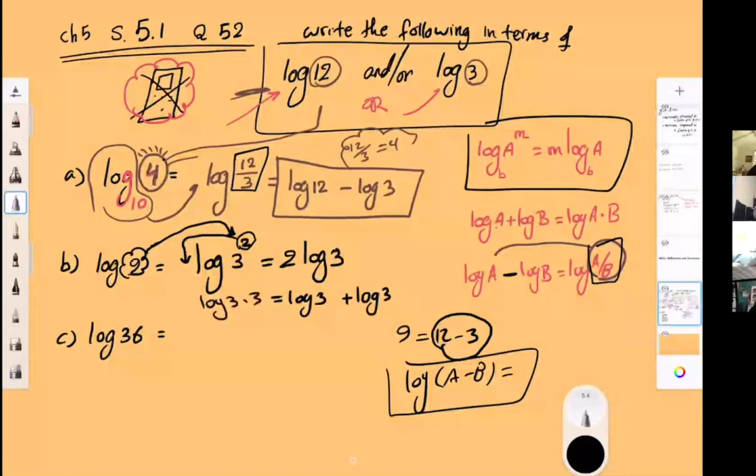You turned the multiplication into addition. But in this case, because we have A plus A, you need to write 2A, right? You need to simplify it. I think you don't get full credit for this. You need to simplify to 2 log of 3. But very good. What about 36?